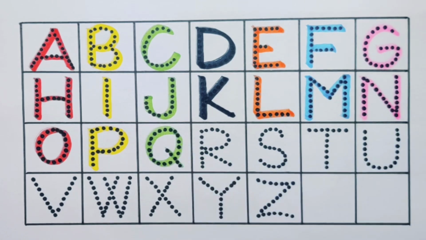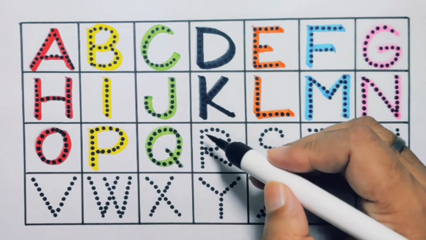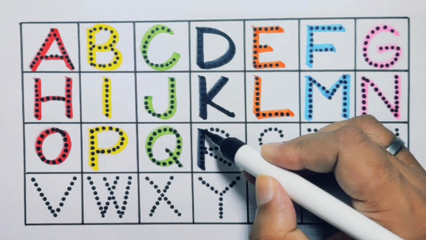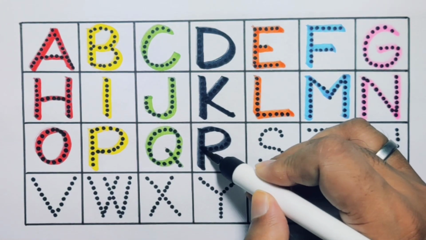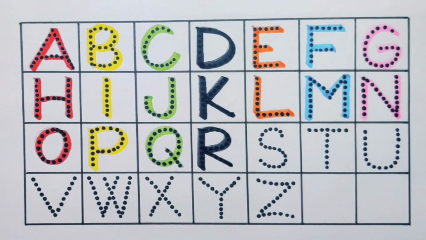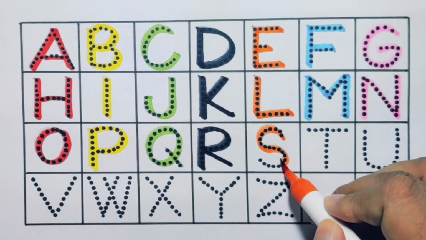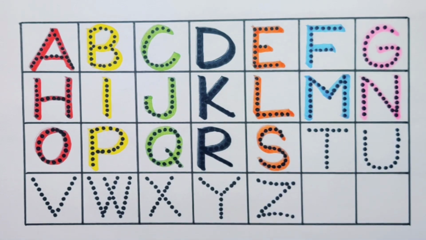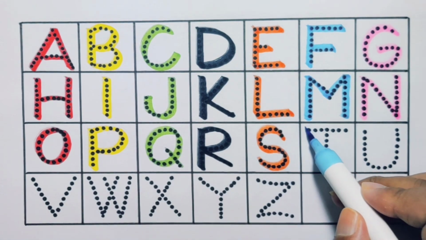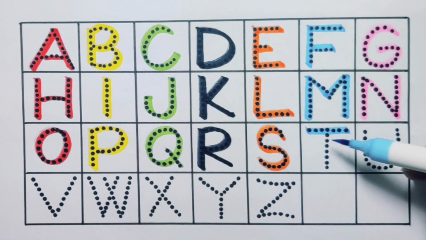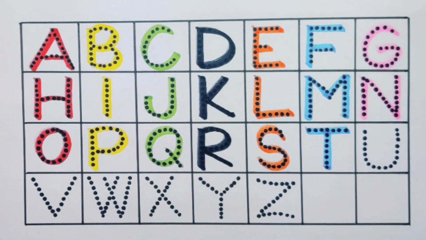Q for queen. R for rose. S for sun. T for time.